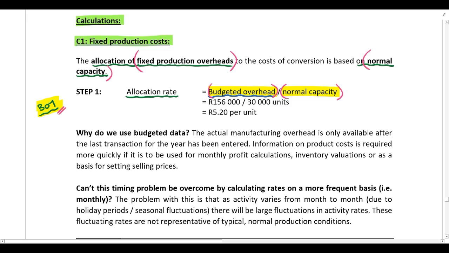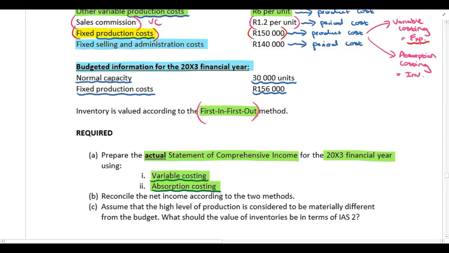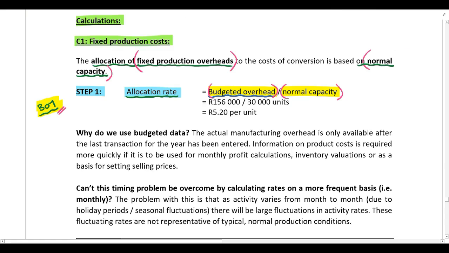All right, so please make sure that you understand what you are doing in this calculation. In step 1, we are going to calculate an allocation rate at the beginning of the year. You calculate the allocation rate by taking your budgeted overhead for the year and dividing by normal capacity. So we have an allocation rate over here of R5.20 per unit.